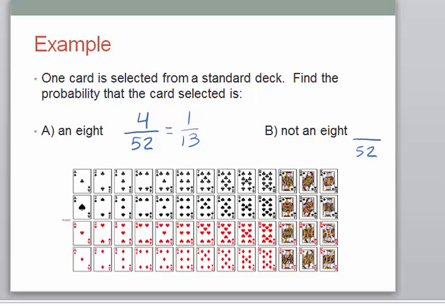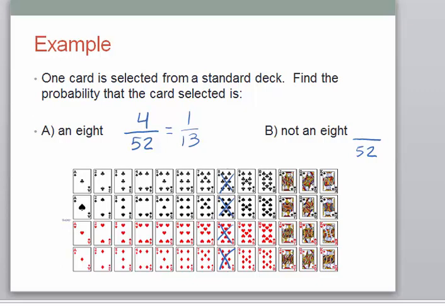If there are 4 8s in the deck, then not an 8 is going to include everything else. So in other words, we want to exclude the 8s and count the remaining cards.